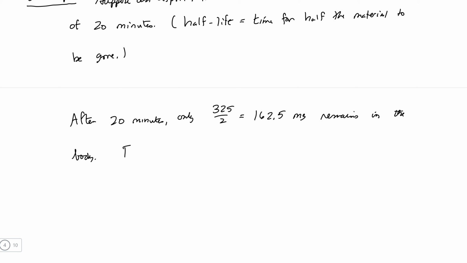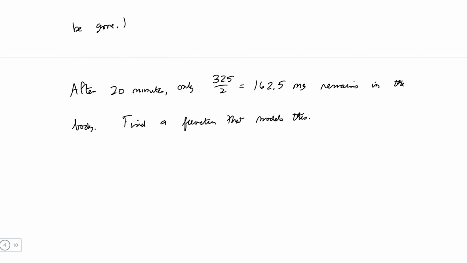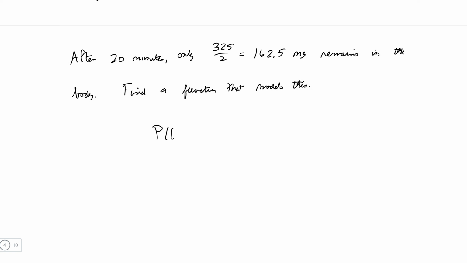So let's find a function that models this. So let's go ahead and say our function is going to look like p of t is equal to p0 a to the t. And we're going to say t is measured in minutes. You could just as easily set this up in terms of hours.